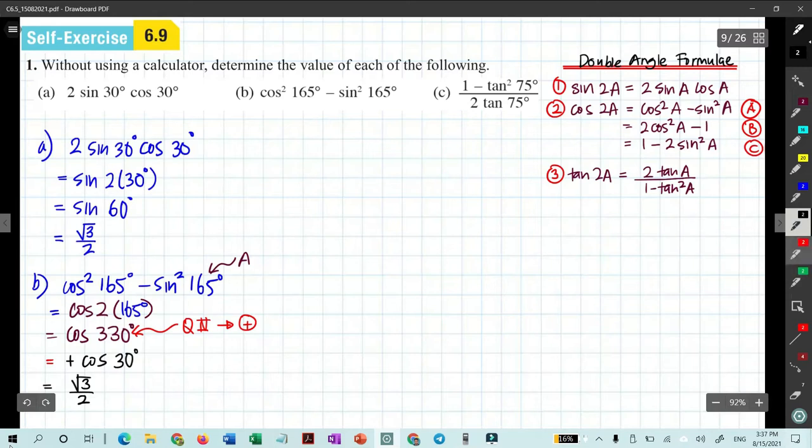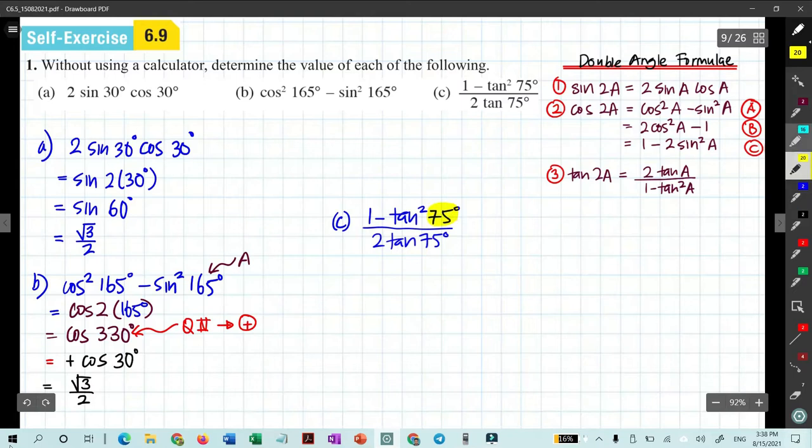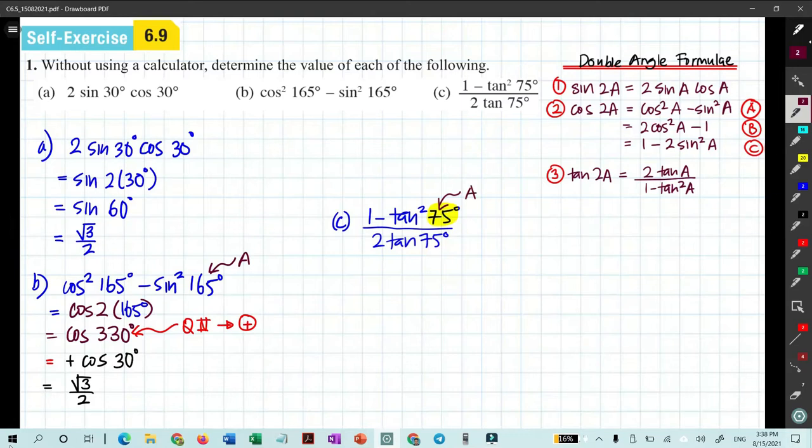Okay, let's look at question C. 1 minus tangent square 75 degrees over 2 tangent 75 degrees, and 75 degrees is actually angle A. And in order to solve this problem, we need to use formula number 3.